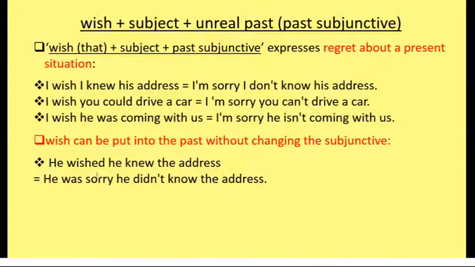He wished he knew the address. This means he was sorry he didn't know the address.